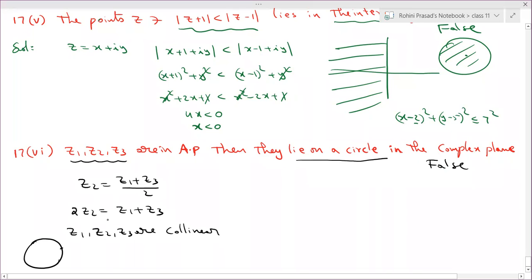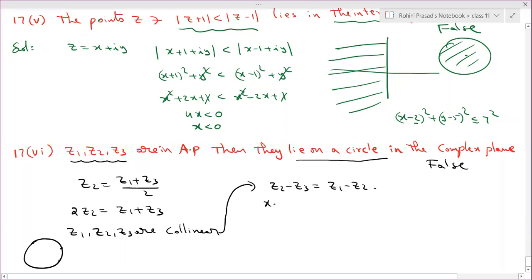And if you want to understand this more clearly about the collinear, you can write it like this: Z2 minus Z3 equals Z1 minus Z2. That means you can equate the real parts and the imaginary parts.